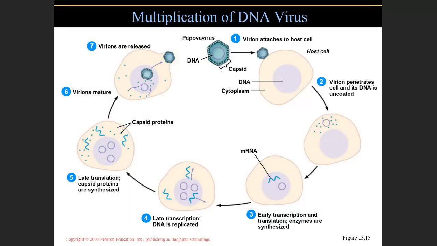When it comes to replication strategies, I used to talk a lot more about this, but the main idea is that any type of nucleic acid that exists, there's some virus that uses it. So we have DNA viruses, we have RNA viruses. They can be double-stranded DNA viruses or single-stranded DNA viruses, double-stranded RNA viruses or single-stranded RNA viruses.